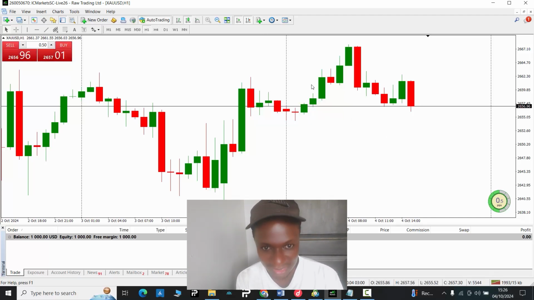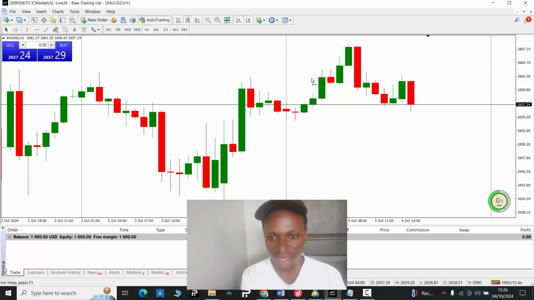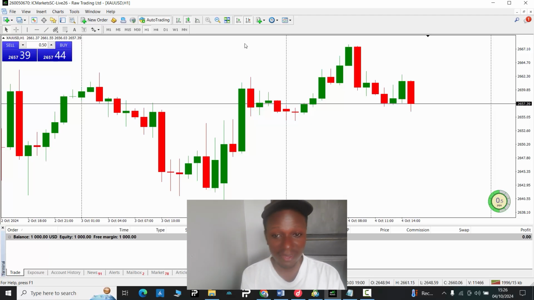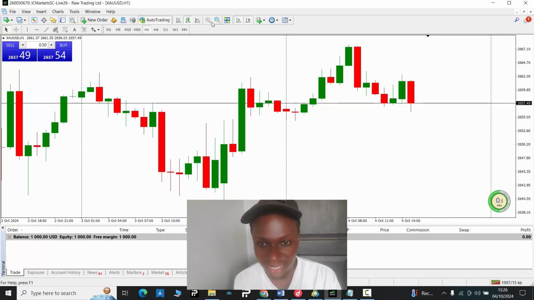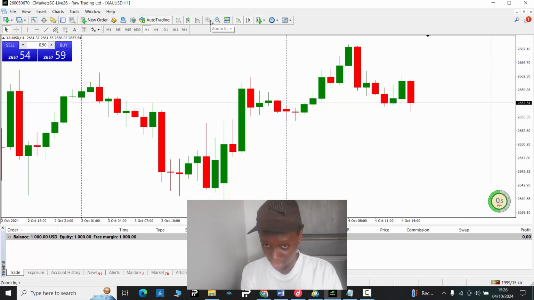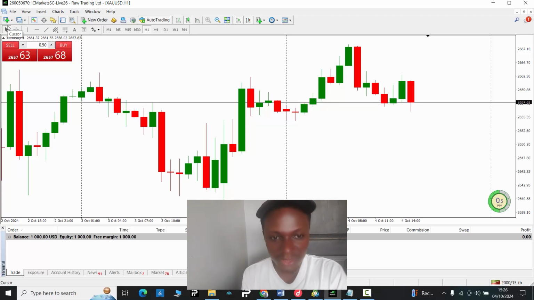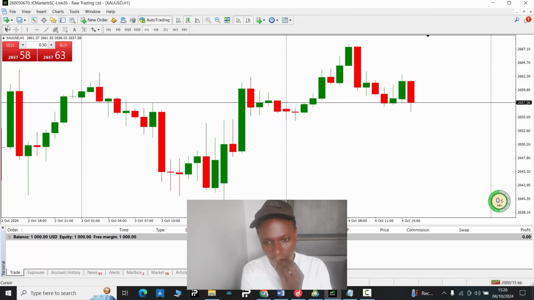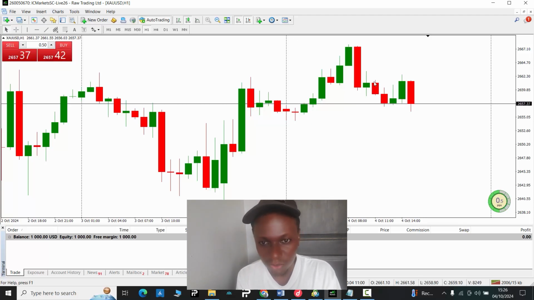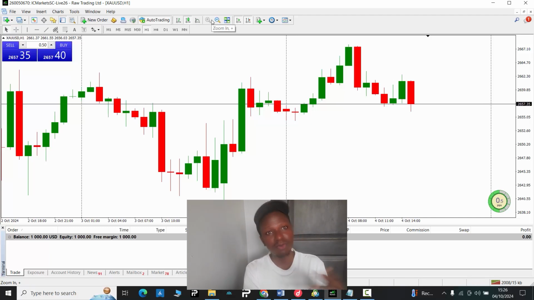It's about 4 minutes to the news event. NFP is coming out in like 4 minutes, so let's go ahead and get started. I want us to look at this chart and pay attention to the last candle before the candle for NFP.